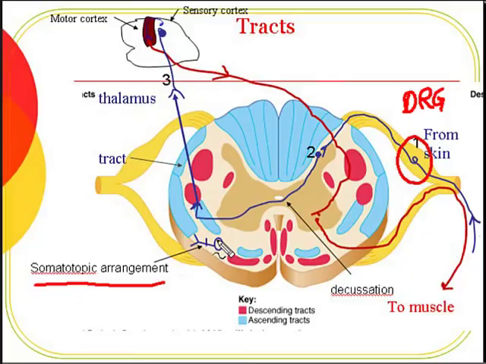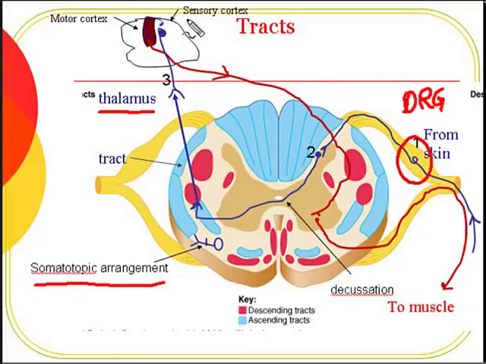Now this tract goes up, and this tract consists of second order neurons. It travels all the way up in the spinal cord, enters the brain, where it goes and synapses in a part which is known as the thalamus. And now in the thalamus, the third order neuron begins and goes to a part of the brain which is known as the sensory cortex.